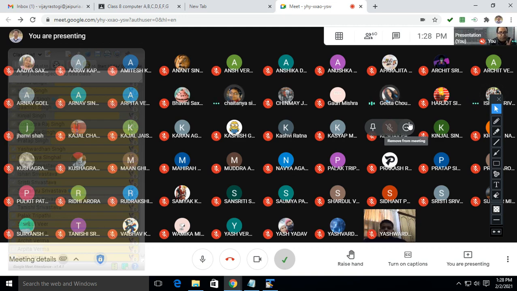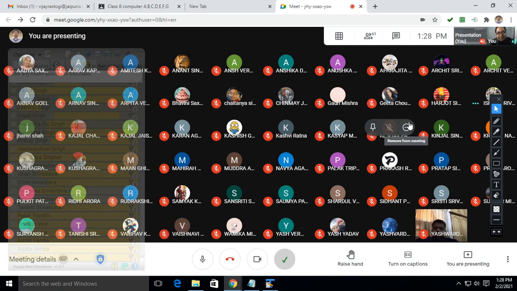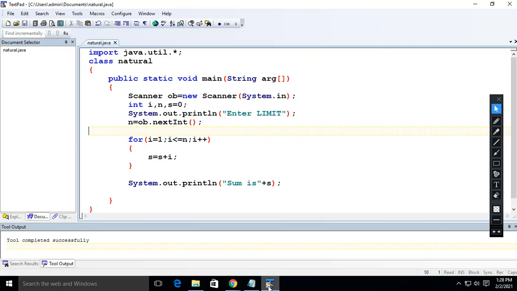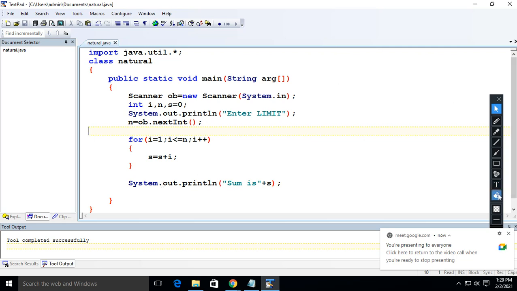So whenever you are getting multiple outputs, in that case you need to write the SOPLN statement inside the body. But when you have a single output, in that case you will print the output outside of the body. So here we are getting a single output, that is why we are writing this statement outside of the loop body. Am I clear? Yes, sir.